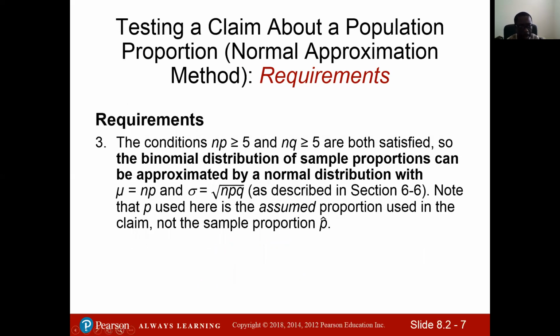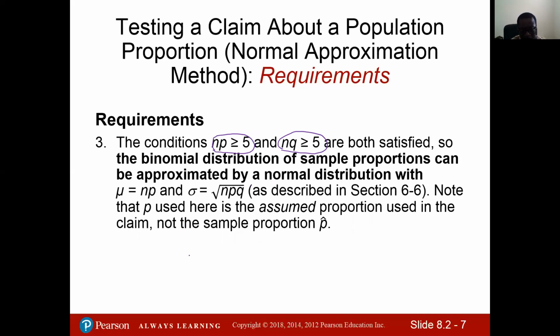All right. Now, what's the third requirement? The requirement is that n times p is greater than or equal to 5, and n times q is greater than or equal to 5. Or we say that there are at least 5 successes and 5 failures.